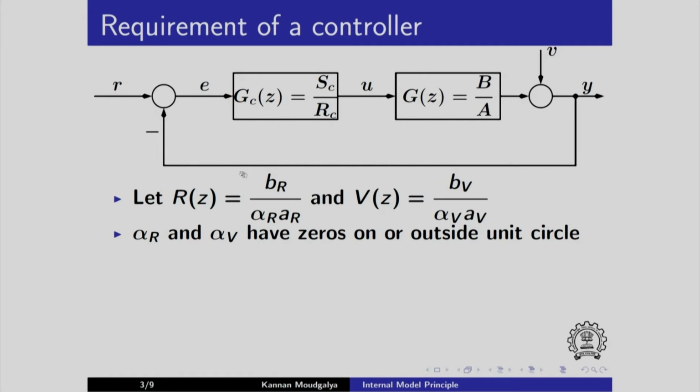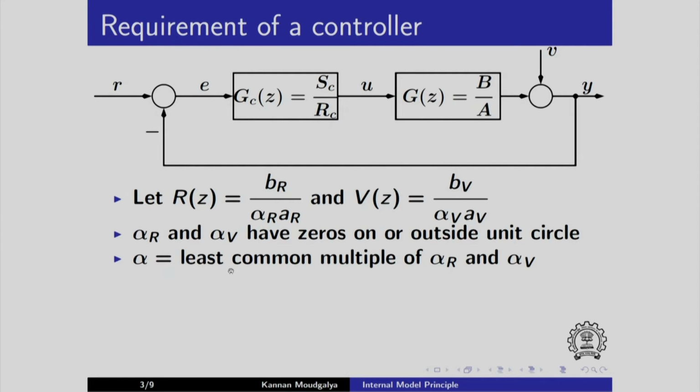Suppose it is a ramp, then you will have Z minus 1 whole squared in the denominator of capital R. So this alpha R is Z minus 1 whole squared. A zero on the unit circle is also an unstable one, outside also is unstable. So all of those are grouped under alpha R and alpha V.